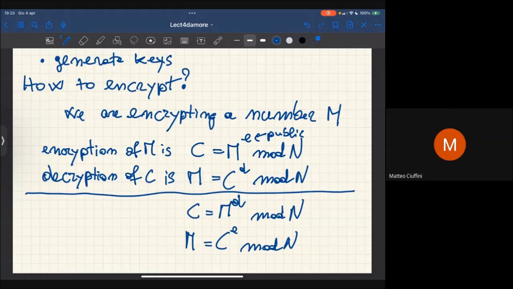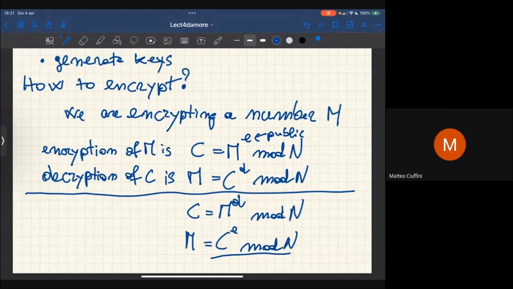Any question? Okay, this is very important. And if we have time enough, I am not sure that we will, I will show you a fast algorithm for computing the power, because these numbers are very big.